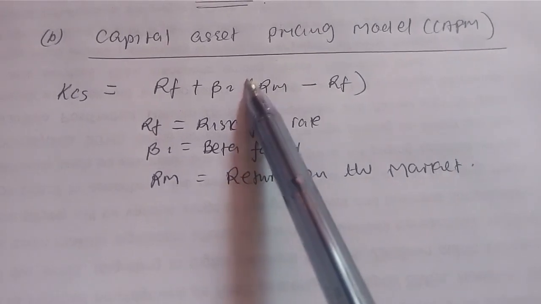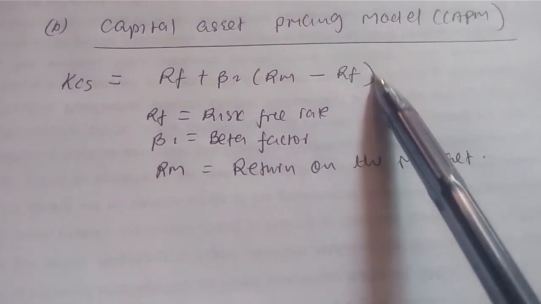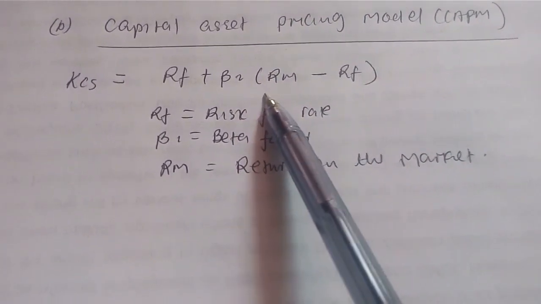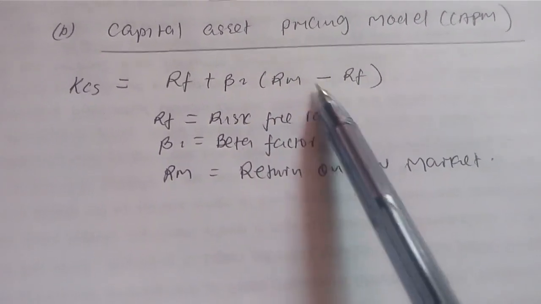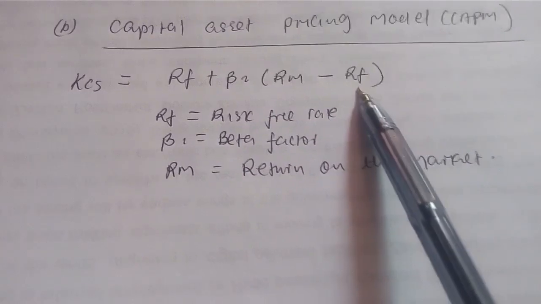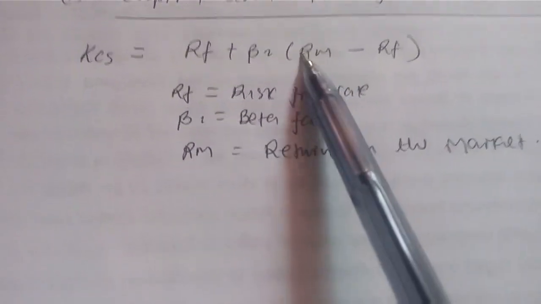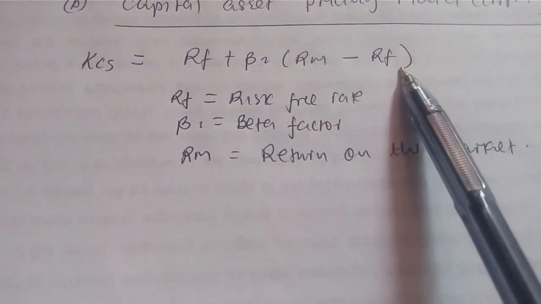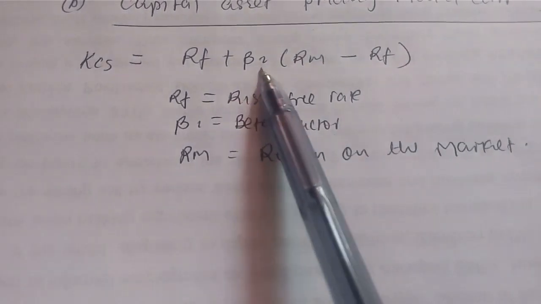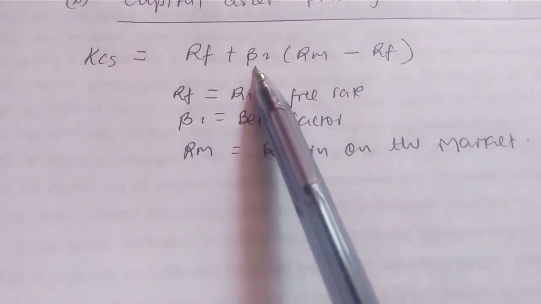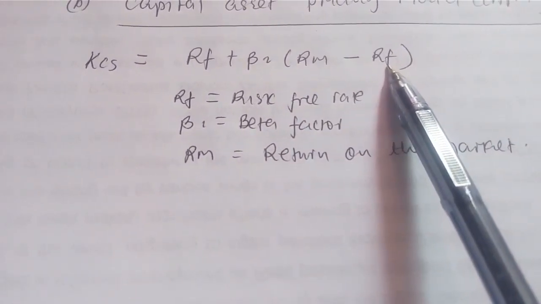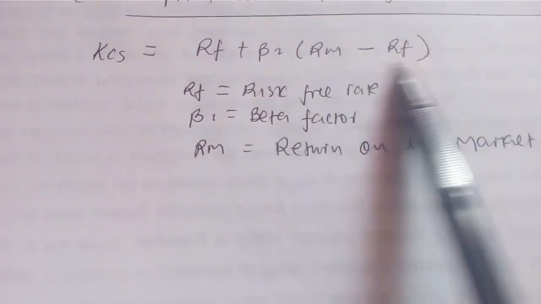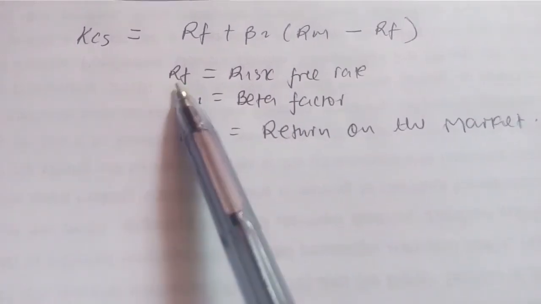Then we just have to be very careful with this term in brackets here. This RM minus RF, in other texts they call it the market premium. It's simply the compensation that investors would want for assuming a particular level of market risk. So the higher the beta, the higher the compensation, and hence the higher the cost. That's the relationship which is there.